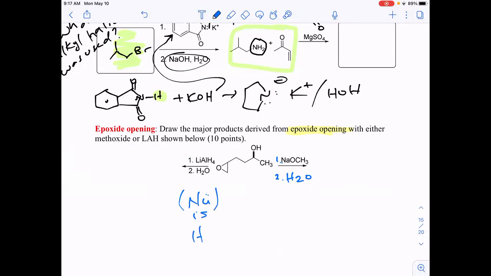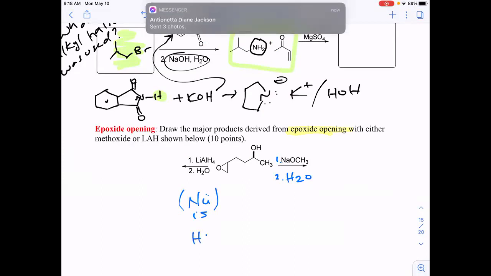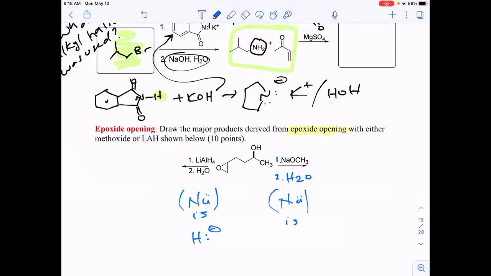Remember, lithium aluminum hydride, LAH, is a source of H-. And over here, your nucleophile is the methoxide anion, so OMe.